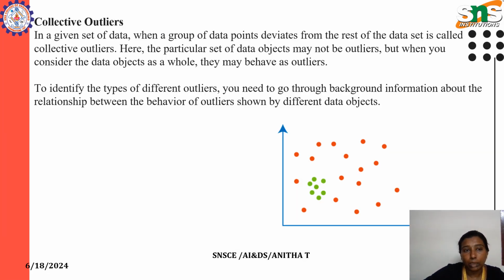Next, collective outliers. In a given set of data, when a group of data points deviates from the rest of the data sets, it is called collective outliers. Here, the particular data objects may not be outliers individually, but when we consider the data objects as a whole, they may behave as outliers. To identify these types of outliers, you need background information about the relationship between the behavior of outliers shown by different data objects.